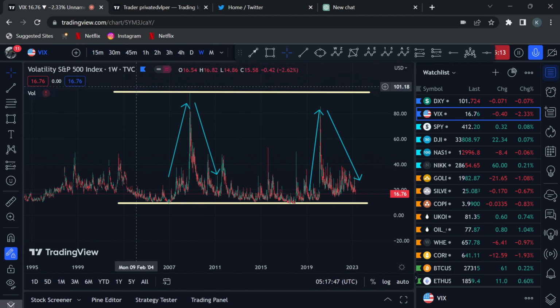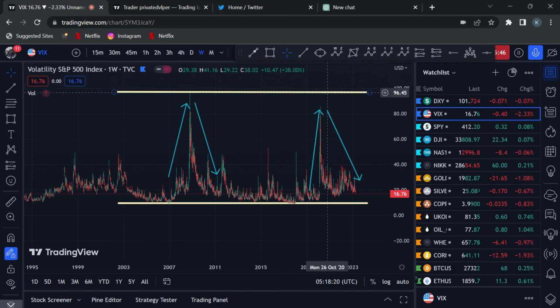And another thing to know is that the lower the VIX goes, the more likely the stock market will reverse from bullish to bearish. And the higher the VIX goes, the more likely that the stock market will reverse from bearish to bullish. Because at very low levels, the investors are heavily buying, and at high levels, the investors are heavily selling the stocks.